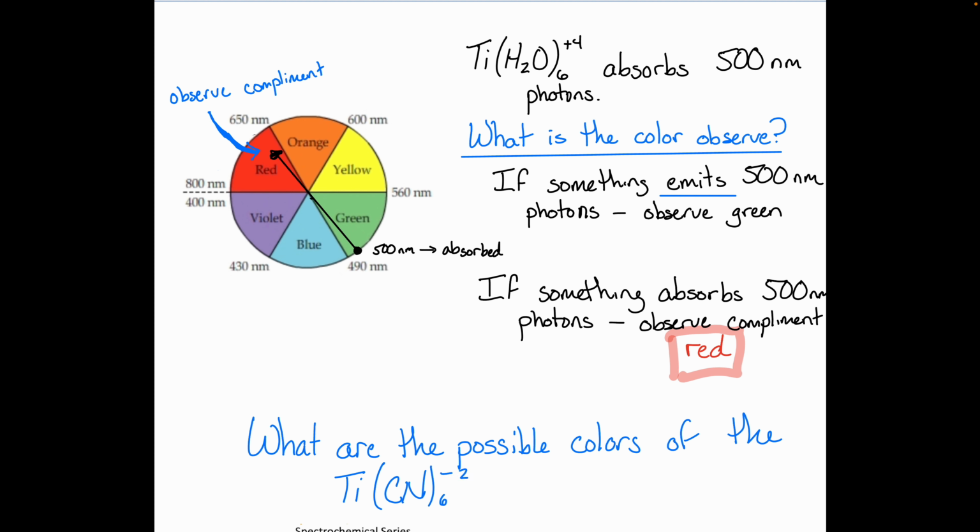I don't even know what that one is. It's not on our naming list. Doesn't matter. This complex here, where I take this titanium, same exact oxidation number, same geometry, but I outfit it with these cyanide ion ligands. All right, what are the possible colors of this complex?